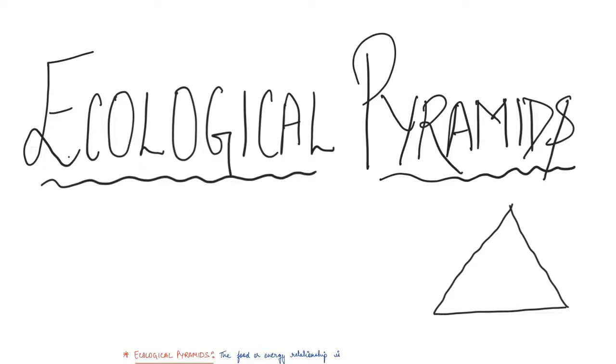In the last video we also studied about the different trophic levels, right? So there is a relationship which is expressed between both the food and energy and the organisms, right? So this always is expressed in the shape of a pyramid, right? So we'll see what exactly it is.